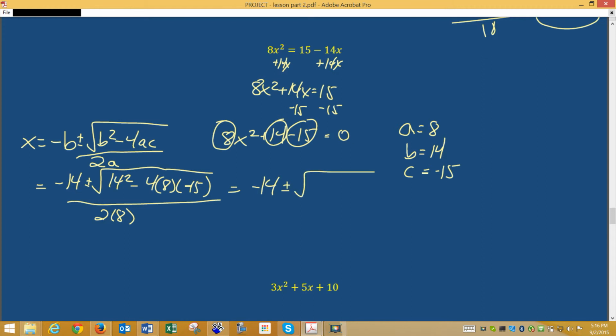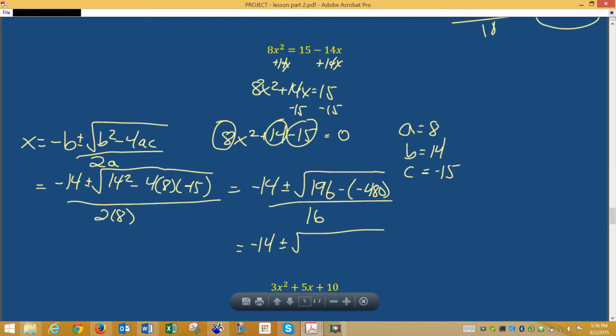Okay, 14 squared, 14 is 196, minus 4 times 8 times negative 15 is negative 480. All over 2 times 8 is 16. Okay, and that's equal to negative 14 plus or minus. Oh, here we have that again where we're subtracting a negative. So we're just adding the 196 and 480, which is 676 over 16.